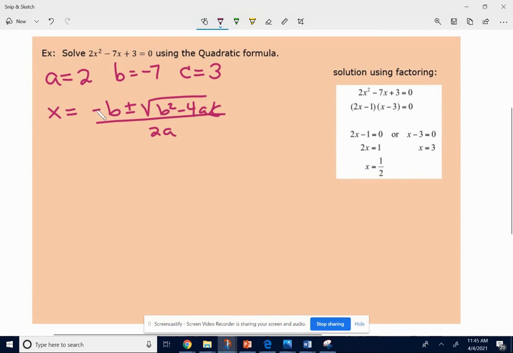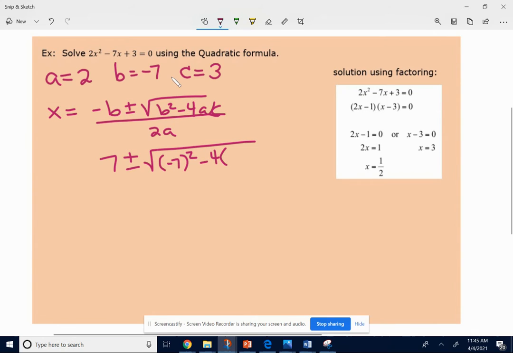This first part says negative b. Think of that as the opposite of b. So that would be the opposite of negative 7, so that's 7 plus or minus. You may not have seen that before. Then b squared: I'm going to put the negative 7 in for b, square it, minus 4.